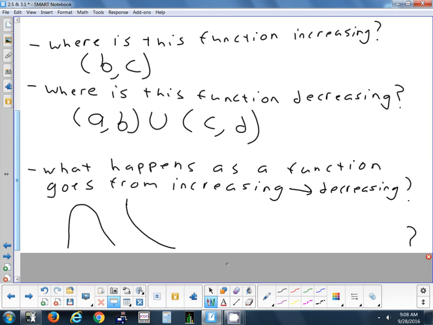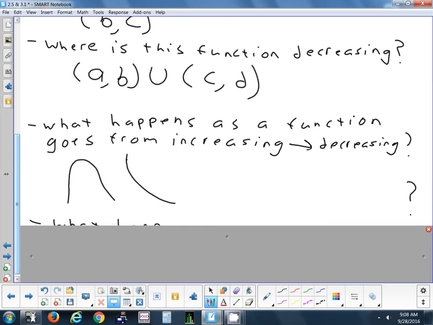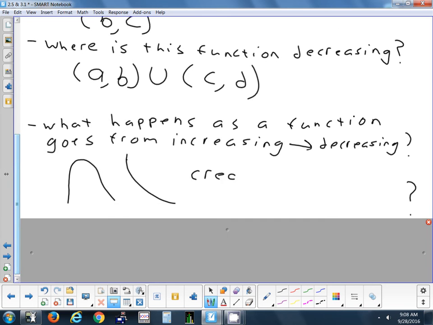Something special happens when you go from increasing to decreasing. You said it goes flat. It goes flat here, and what is this right here? A local maximum. Yeah. You create a local max. Or it could be global. It depends. At a minimum, it's local.